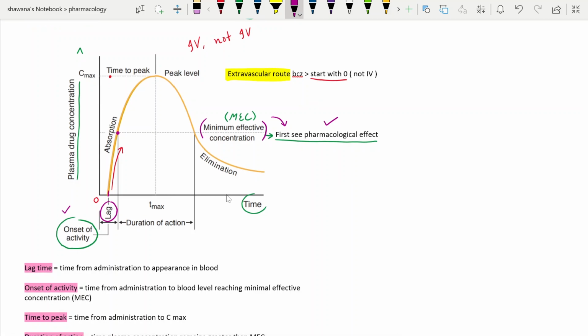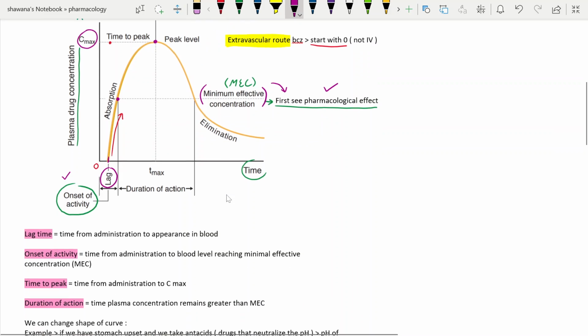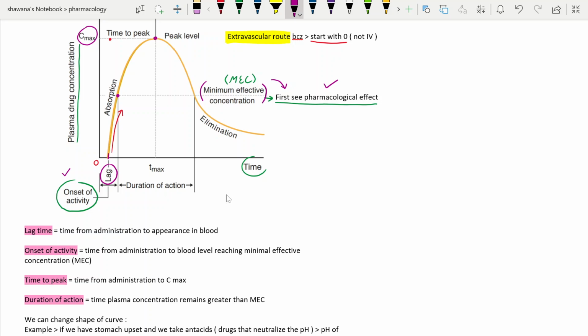Time to peak. Time to peak is simple: it is when the drug reaches the Cmax, where the plasma concentration is at the maximum. Then the duration of action. Duration of action is the duration in which the drug has a particular action, and we can say it is also the line for MEC.